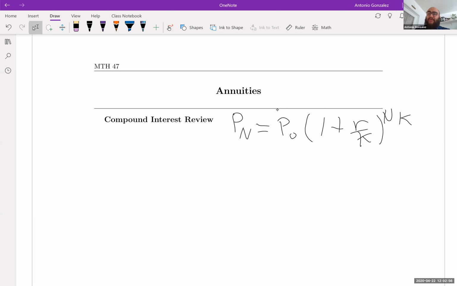Let's run through an example of how this works. You would use this, as opposed to simple interest, if you're in a savings account that compounds interest after a specific time, whether that be monthly, quarterly, or even daily. It's not simple interest, where at the end of typically one year the interest is compounded.